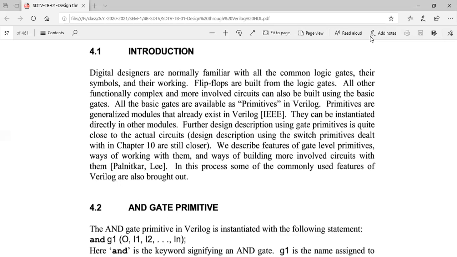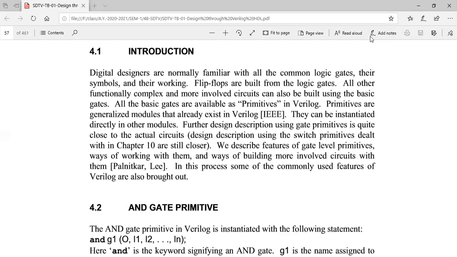In this, first we'll see just an introduction. So, what does a primitive mean? If you are a digital designer, you will know what the common logic gates are.